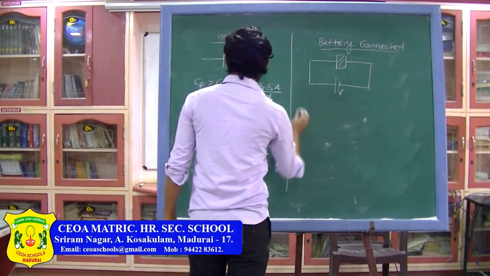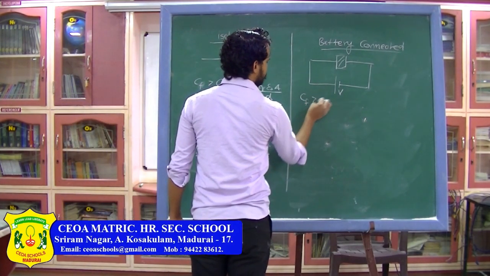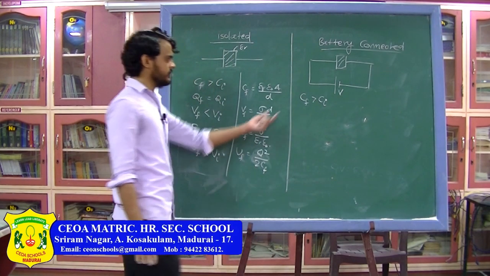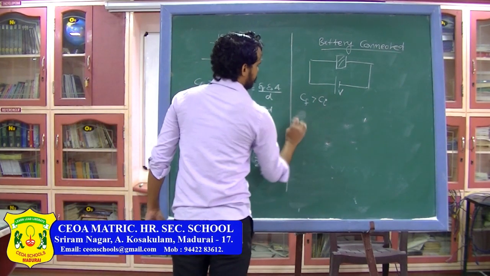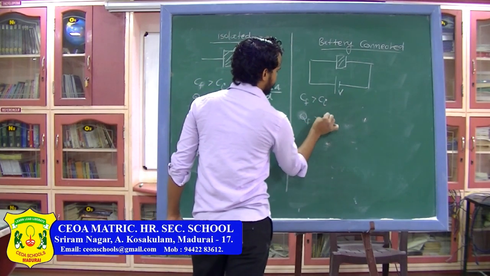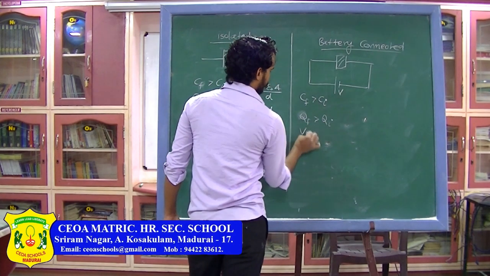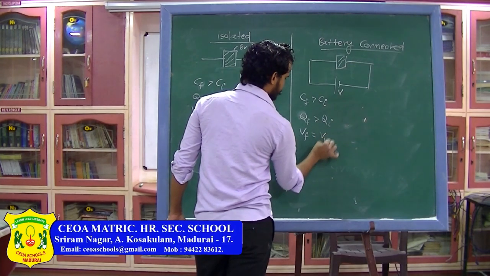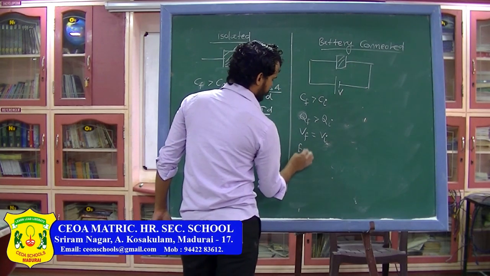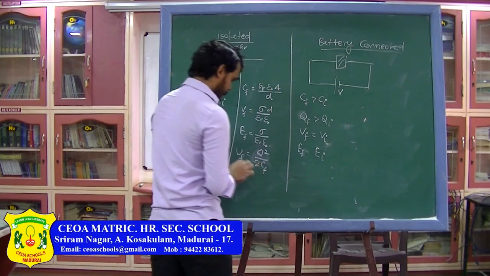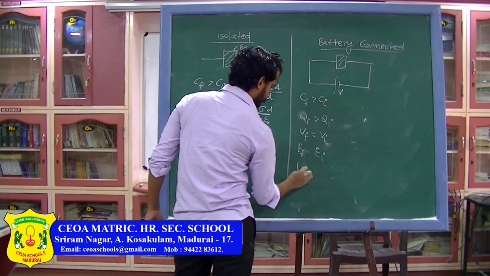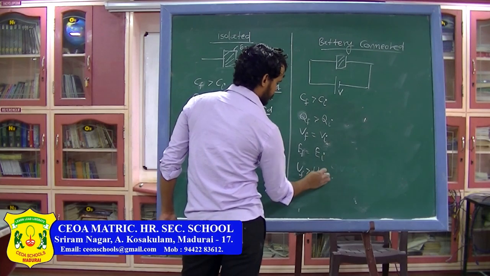From here I can write C final will again be greater than C initial, because if you insert a dielectric slab, capacitance increases. Final charge will be greater than initial charge. Final potential and initial potential will be same. Final electric field and initial electric field will be equal, and final potential energy will be greater than initial potential energy.